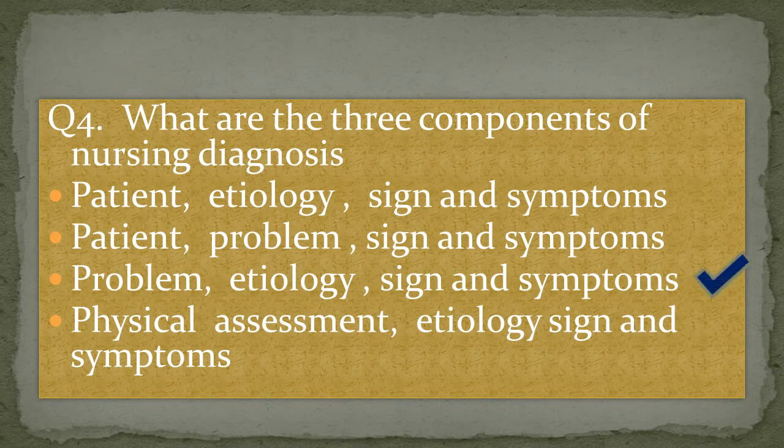So here option C is the correct option, because as we have studied, in a nursing diagnosis there are three components. The first one is the problem statement, the second one is etiology, and the third one is signs and symptoms. So option C is the correct option.